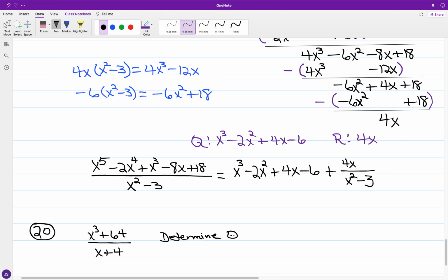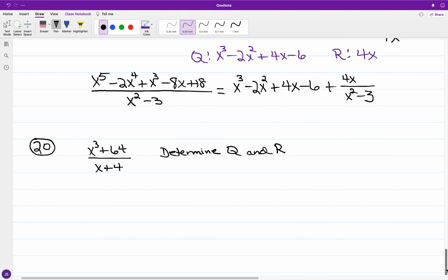I'm going to use synthetic division on this one, but again, I start out with the long division setup to make sure that if I'm missing any degree terms, I have 0 placeholders in the proper places.